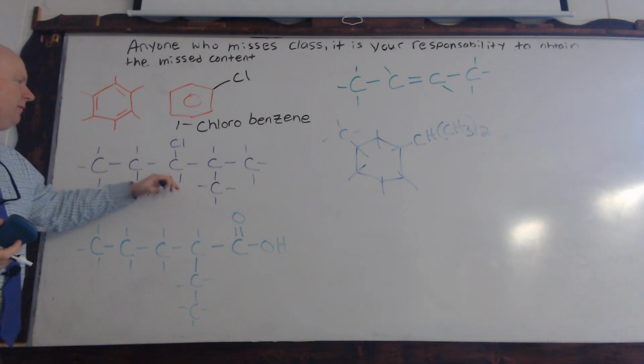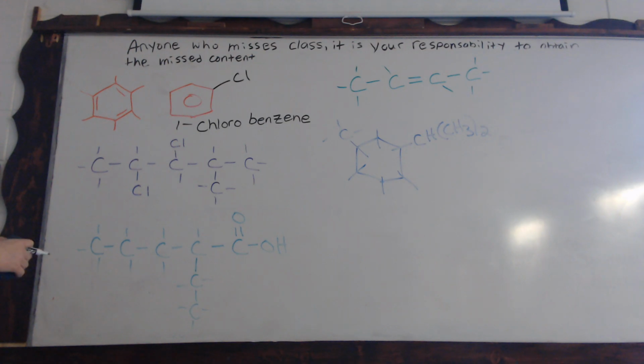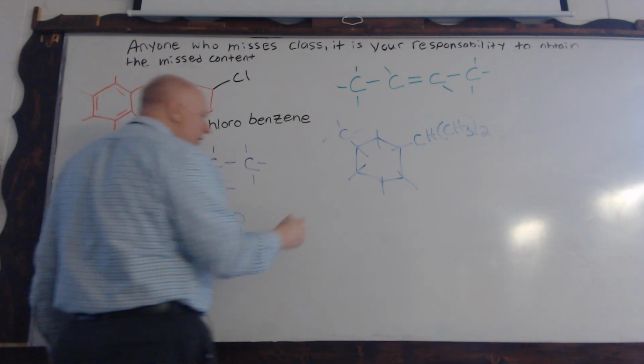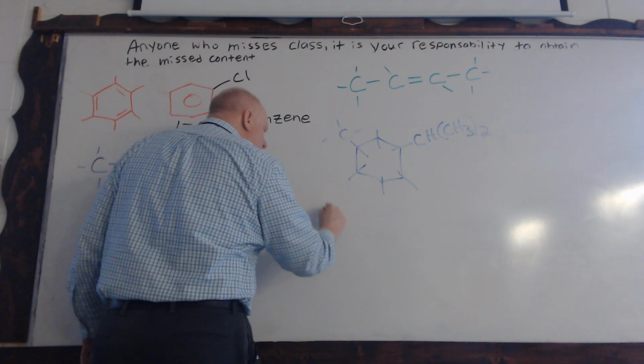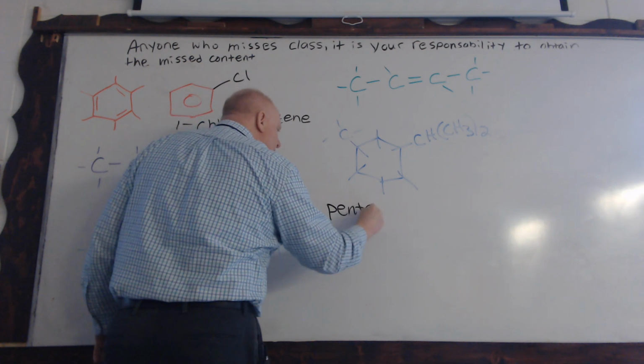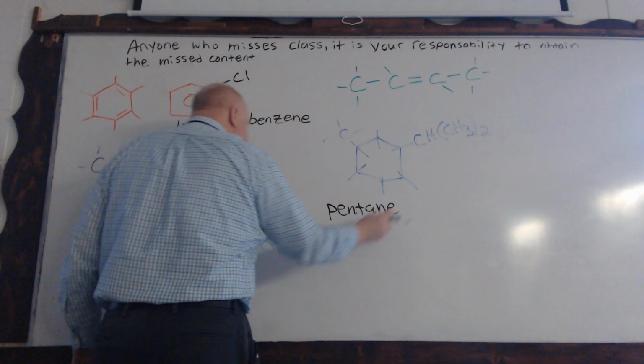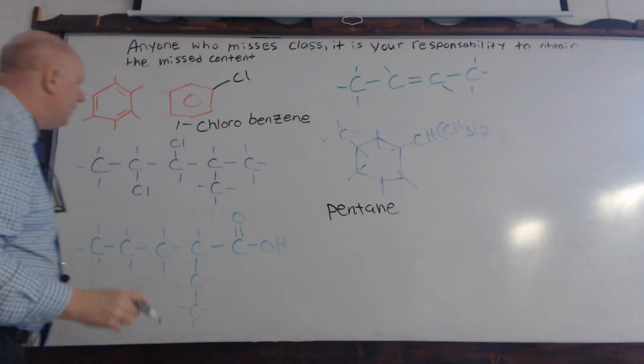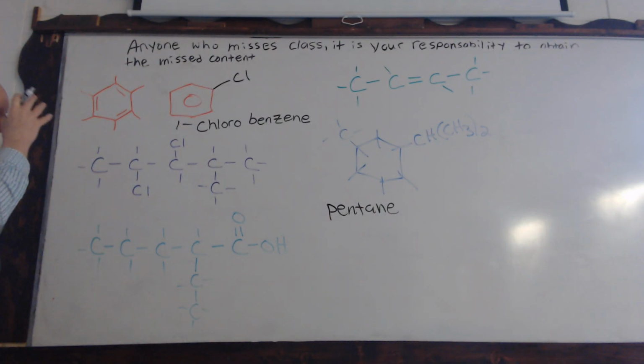So this one perhaps isn't too bad. You would want to find your parent chain first, which of course is how many? Five. Okay. So then is it saturated? Yes. So that means the suffix has to be ane because it's saturated. Okay? So what is branching off of our straight chain here?